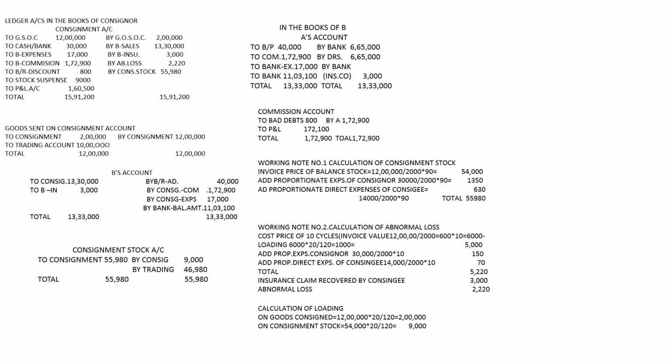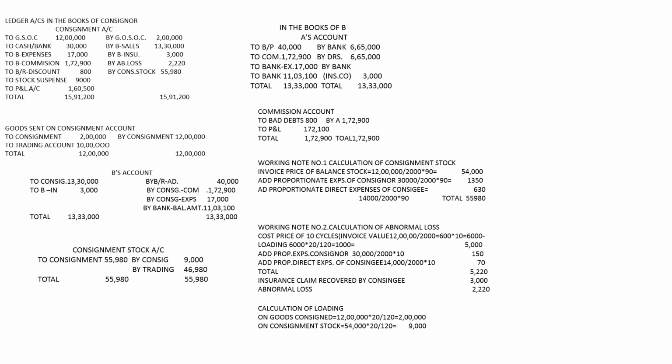But if cost price is given and loading is also on cost, there is no difficulty. That is, straightaway we can calculate loading as cost price into rate upon 100.